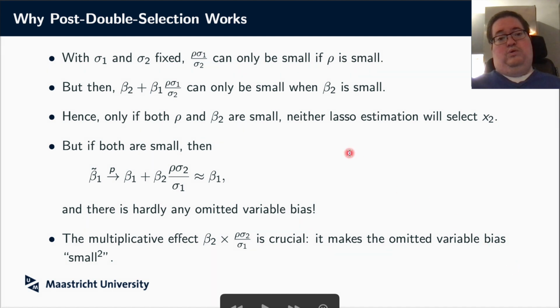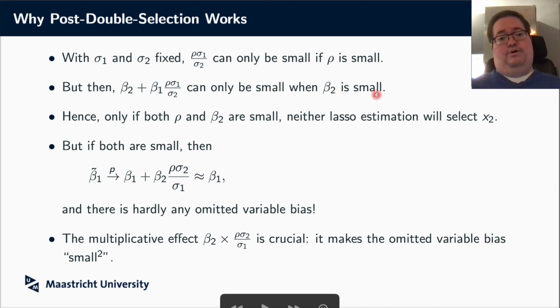Now, when will that happen? In the regression of x1 on x2, the coefficient has this form. The variances will be fixed; they will not be 0 or infinity. So rho is going to determine that. Rho is the correlation between x1 and x2, so this is only small if the correlation between x1 and x2 is small, so if rho is small.